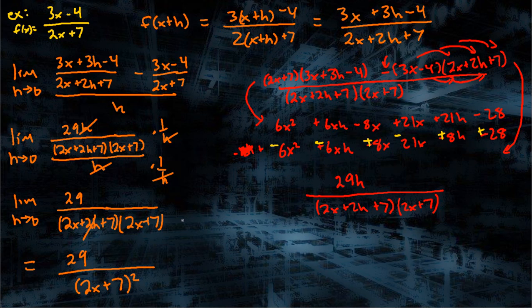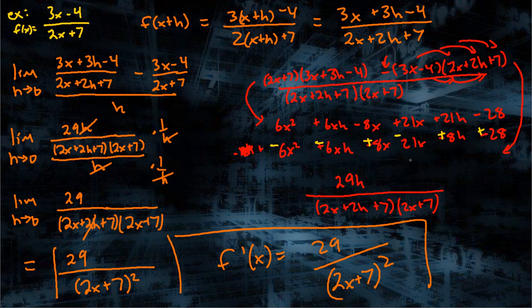Now, for some reason, I actually think I have made a mistake up here. So I'm going to double check it, and I'll append this video if I did. So my f prime of x equals 29 all over 2x plus 7 squared, unless I made a mistake over here, and if so, I'll append the video.